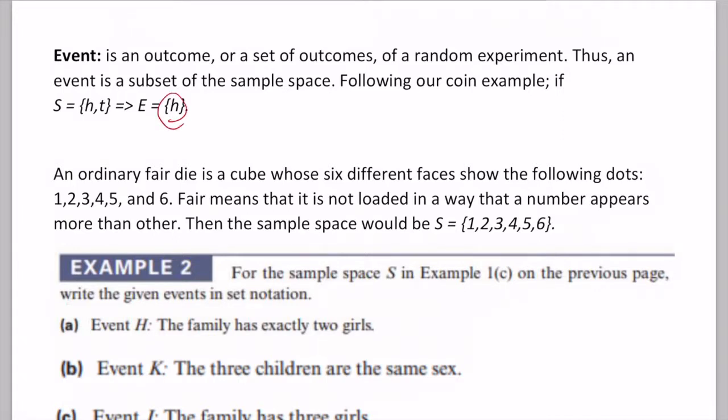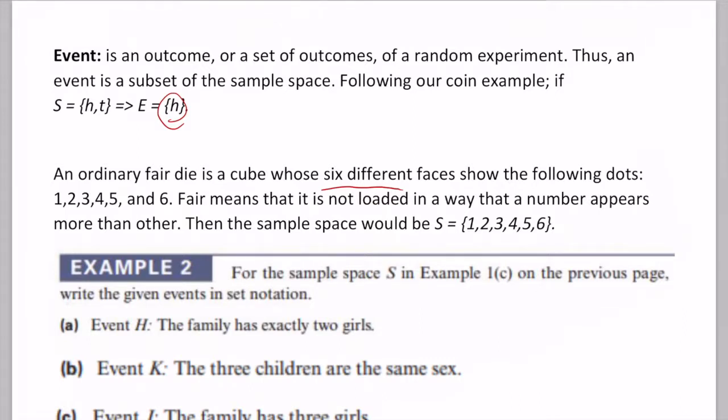An ordinary fair die is a cube with 6, I repeat, 6 different faces showing the following dots: 1, 2, 3, 4, 5, and 6. Fair means that it's not loaded in a way that a number appears more than others. Then the sample space should be 1, 2, 3, 4, 5, and 6.